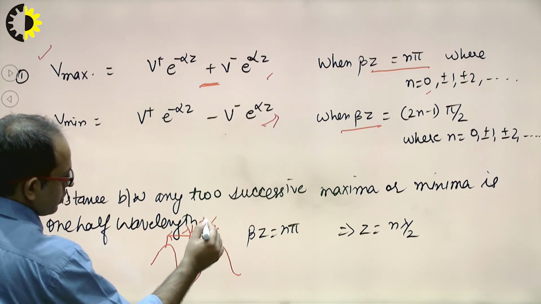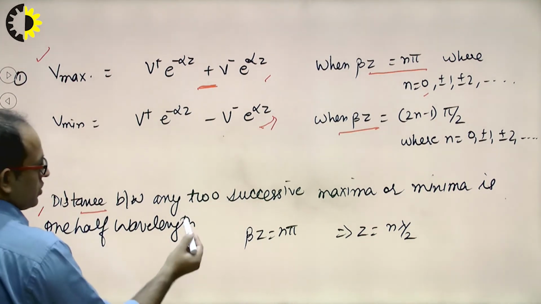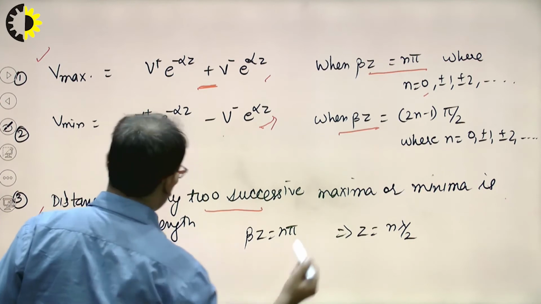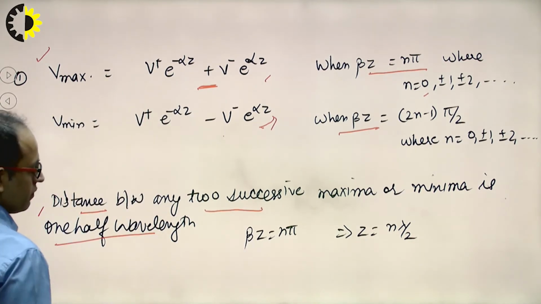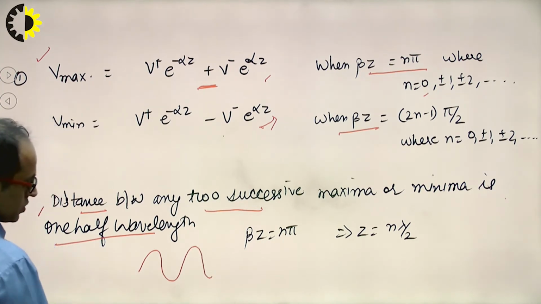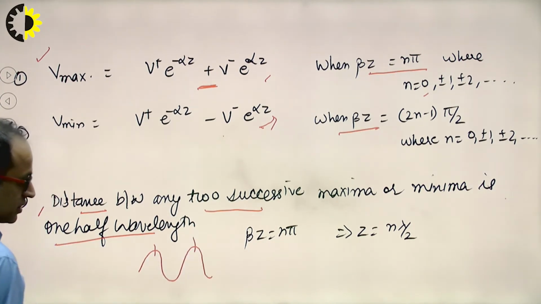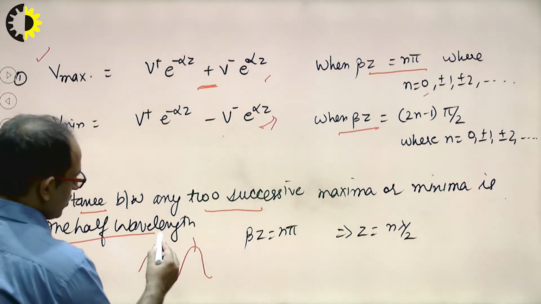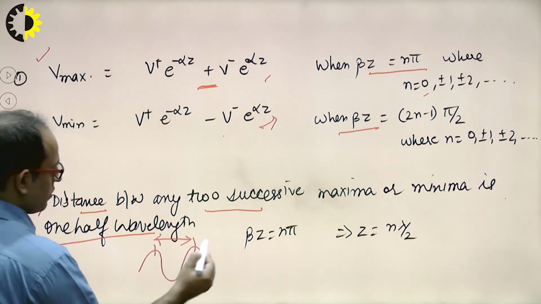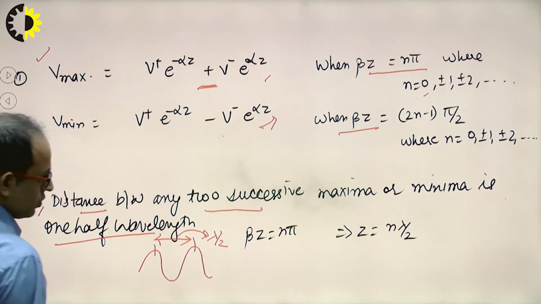Now the third point is, the distance between any two successive maxima or minima is half the wavelength. Let's say this is a standing wave, so this is the first maxima and this is the second maxima. So the distance between the two maxima will be equal to lambda by 2.